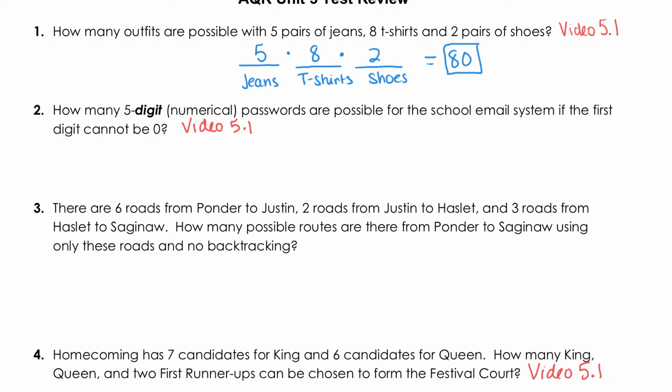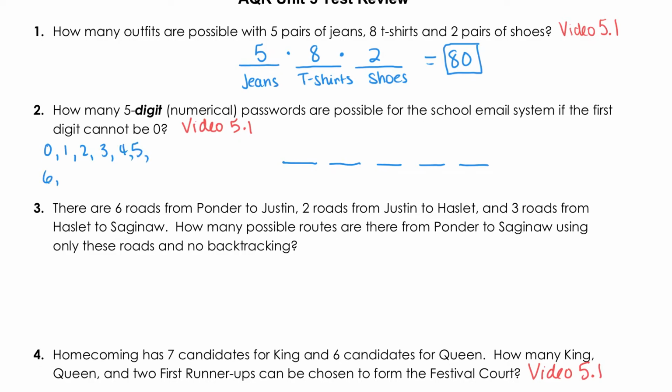Looking at number 2, this also comes from video 5.1. I did one almost identical to it. We're going to have 5 digits in a password. So we're going to have 5 numbers. It says the first digit cannot be 0. Well, if we list out all of our options, we can do 0, 1, 2, 3, 4, 5.